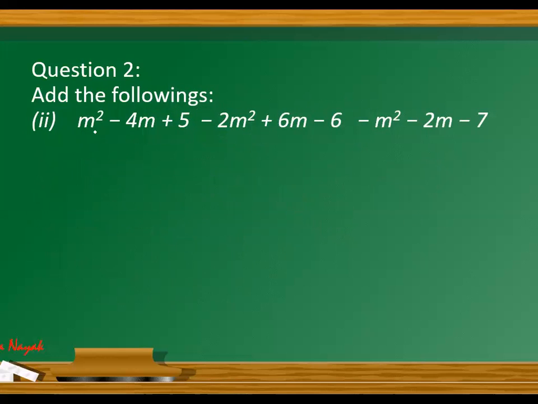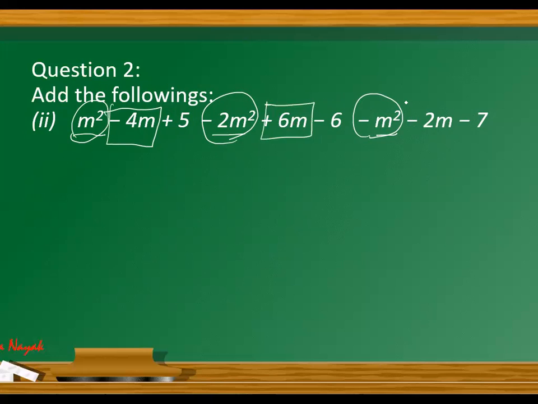Next, again it is a big expression. It has many similar terms. One is m square, m square, m square. Then some terms are m, m, m. Then some terms are constants, 5 minus 6 minus 7.